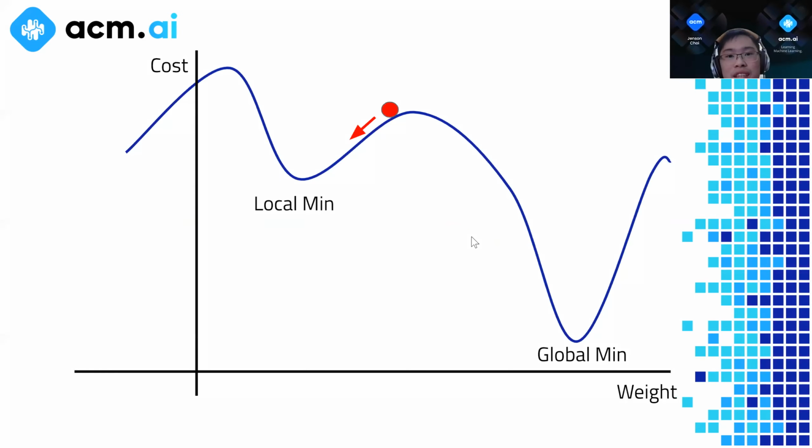Another motivation behind mini batch gradient descent is that it is a stochastic algorithm. For those of you who are not familiar with the term, a stochastic algorithm has some degree of randomness to it that causes its output to be non-deterministic.